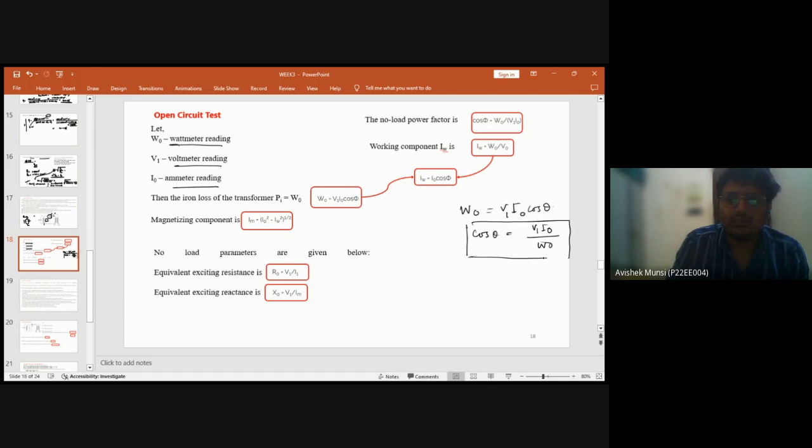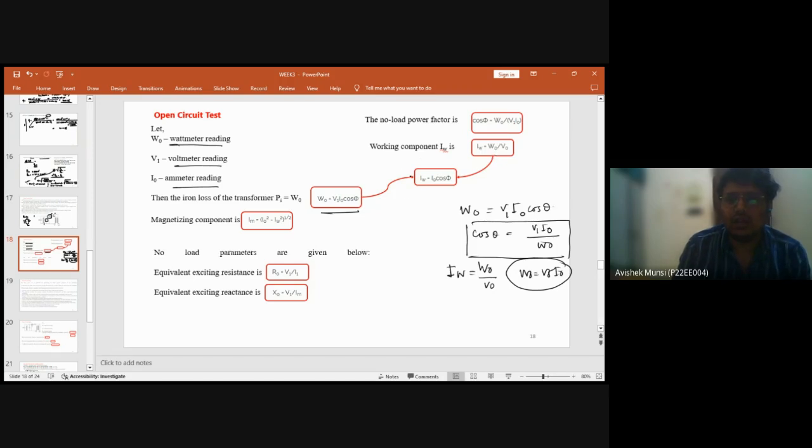Right. So the working component of this current should be equal to IW, W0 by V1. Right? The iron loss is V1 I0 cos phi, and this is W0.